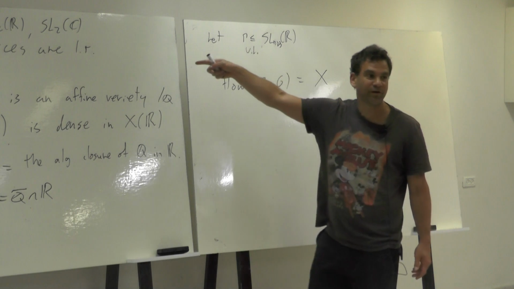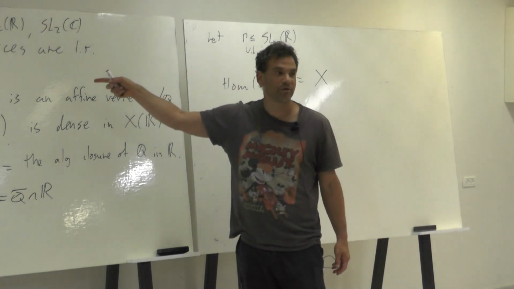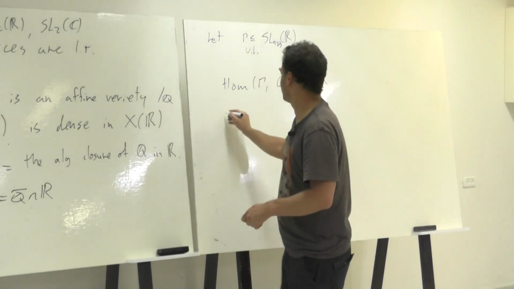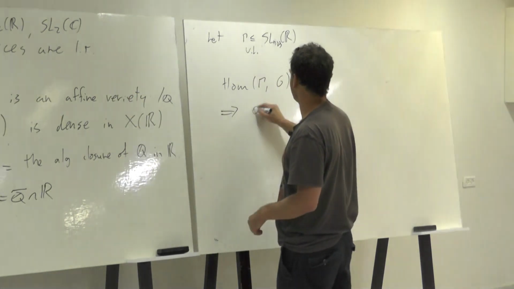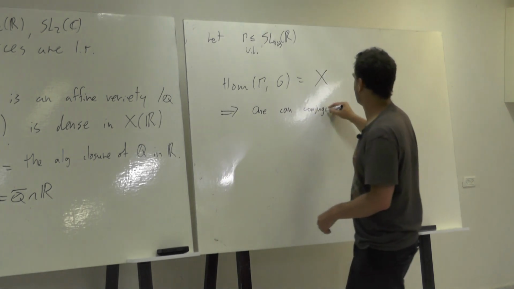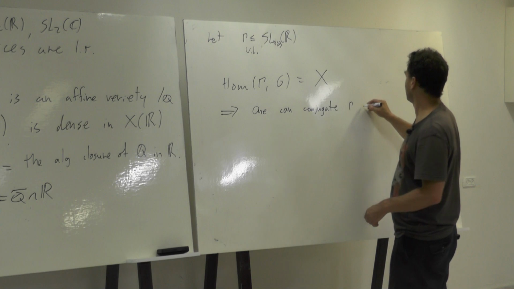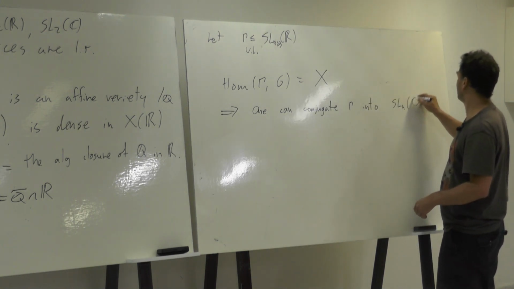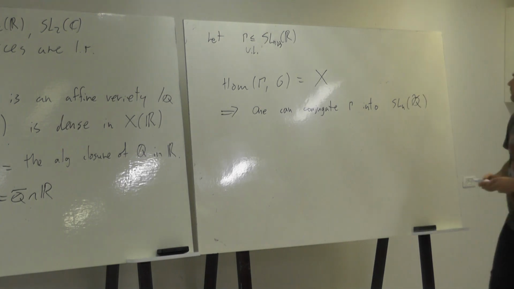By local rigidity, this algebraic point is conjugate to Gamma. So it implies that one can conjugate Gamma into SL_N of the algebraic closure.